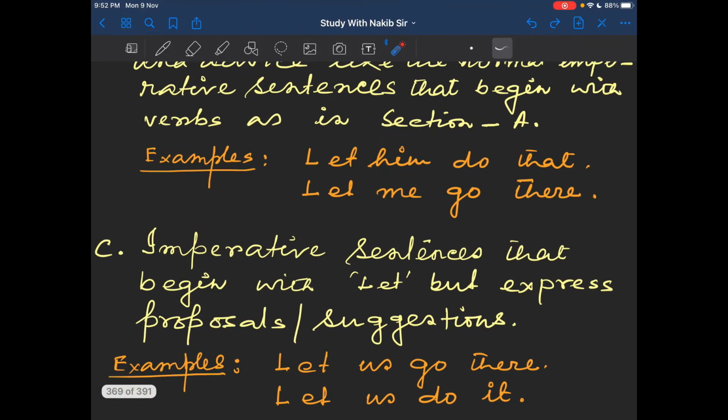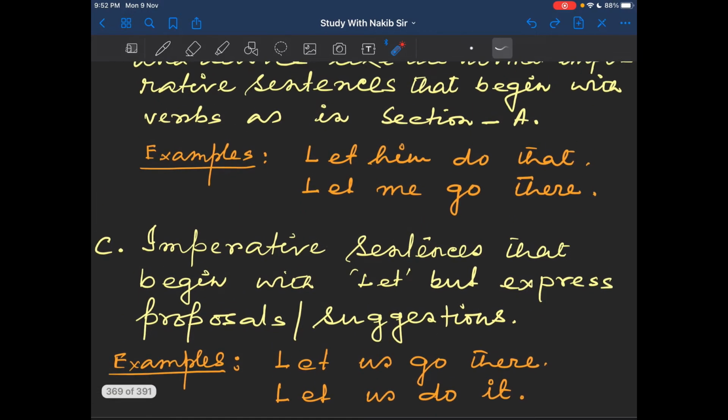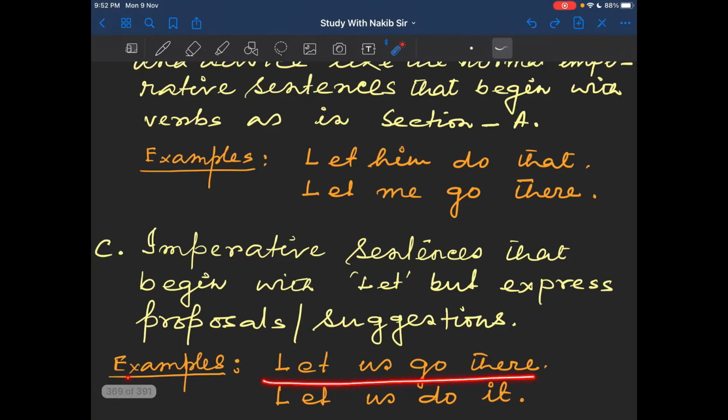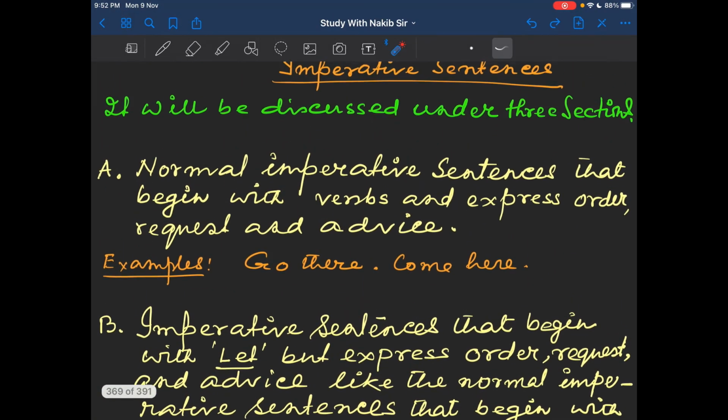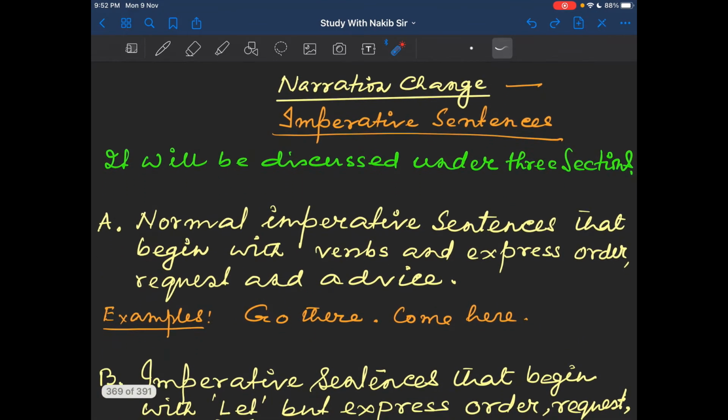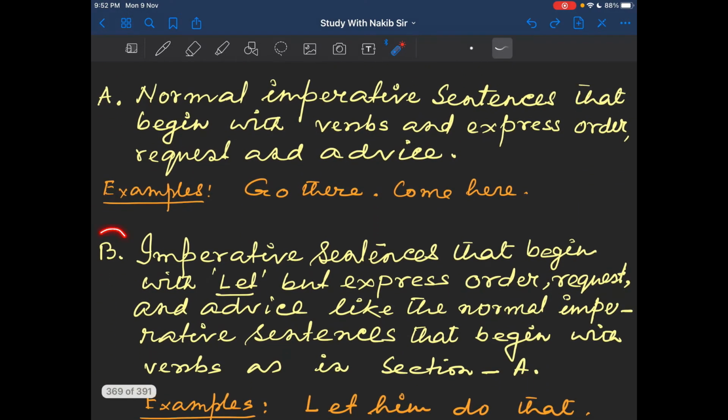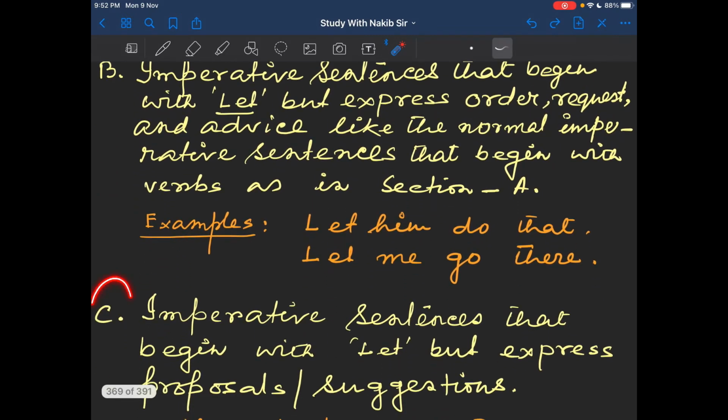But section C deals with the imperative sentences that begin with let but express proposals or suggestions. See the example. Let us go there. Let us do this. These are the proposals or suggestions. So imperative sentences and their narration change will be discussed under 3 sections, section A, section B and section C.